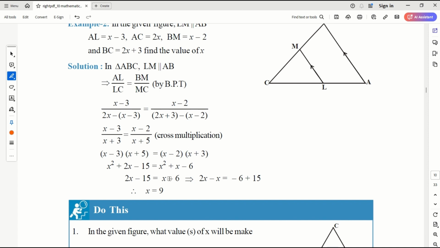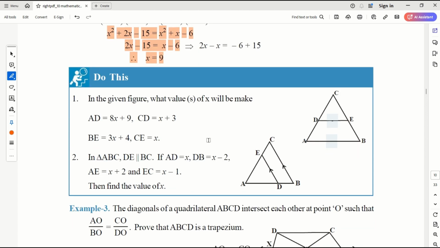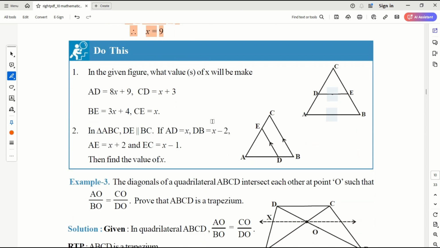Sorry, this is the quadratic equation you will get. And if you simplify, what you will get is 2x minus 15 equals x minus 6, or x is equal to 9. This is the value you will get. Now, let's do this section.